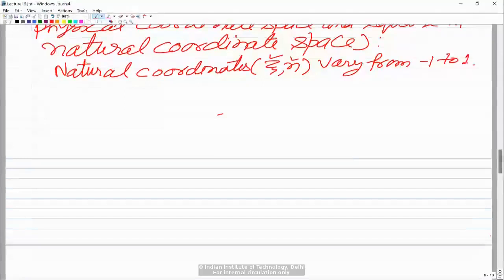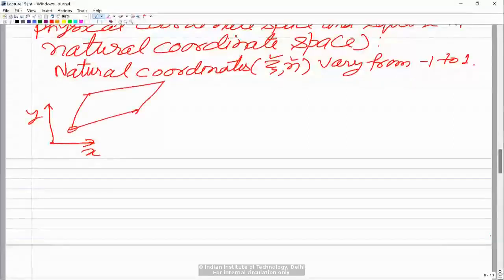So the mapping means, suppose I take the element in the physical coordinate space, with coordinates x and y. We have an arbitrary quadrilateral element, as you see over here, with nodes 1, 2, 3, and 4.